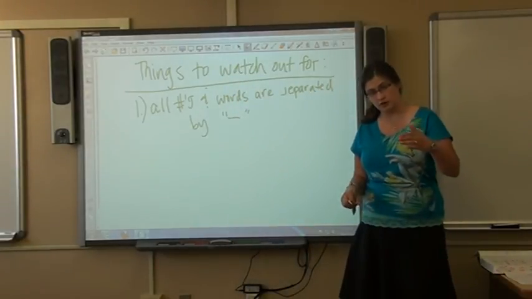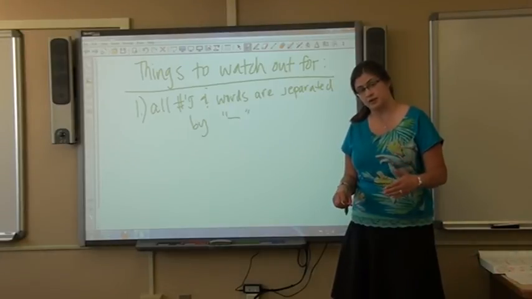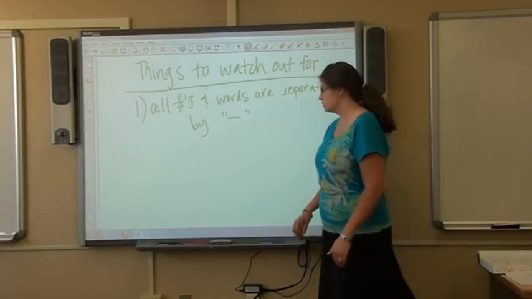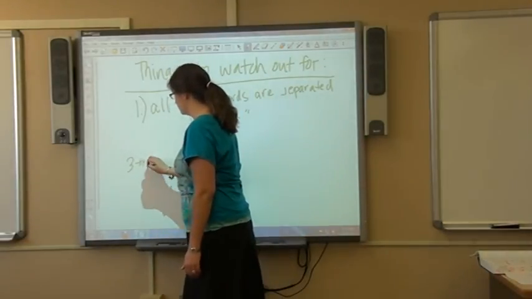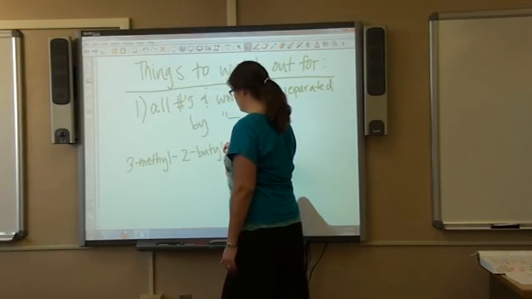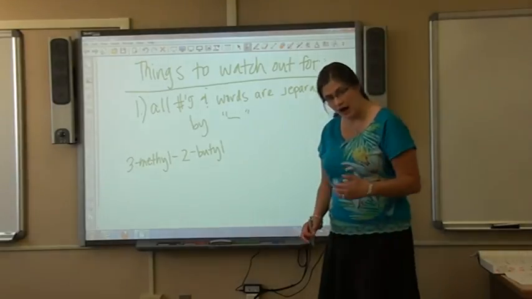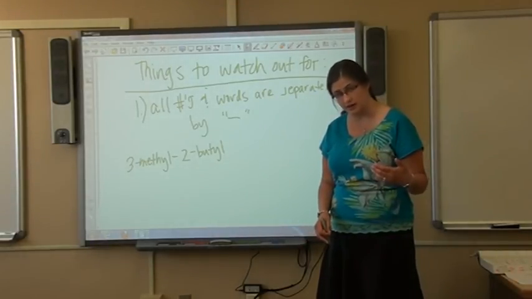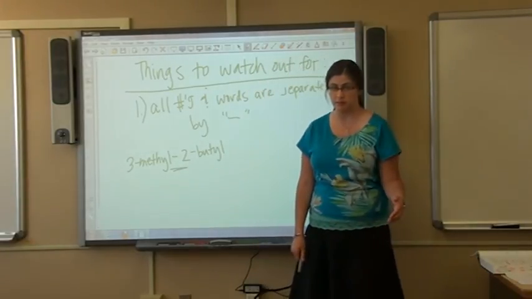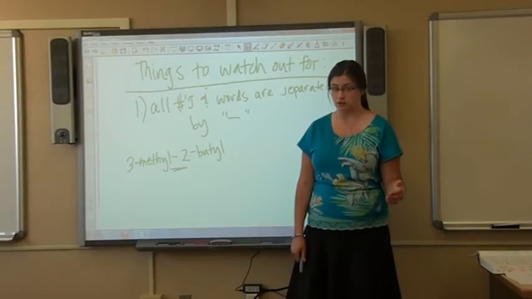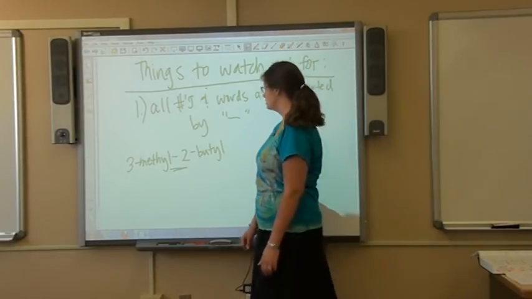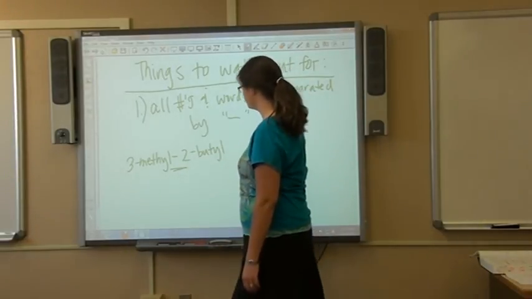So if you have a number and then a word, they're always separated by a dash. Same thing if you have a word, then a number. So if you were to have 3-methyl 2-butyl, all of those things are separated by dashes. You can't put them together, and we don't just leave a space. If there's no dash there, it's not right. You have to use the convention. And that is to put the dash there.